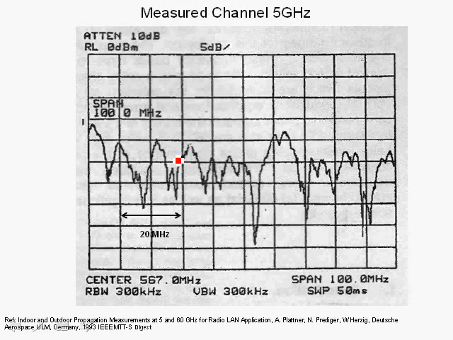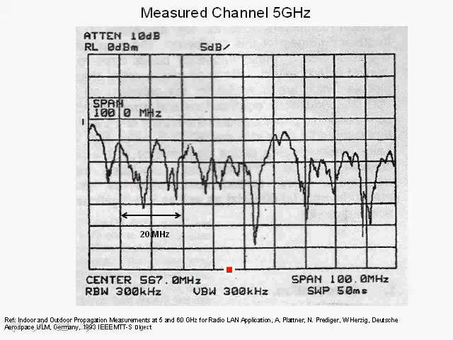This is a very interesting plot based on actual measured data within an indoor wireless environment, and the reference was actually published in 1993, Indoor and Outdoor Propagation Measurements at 5 and 60 gigahertz for Radio LAN Applications by Plattner and Prediger. So these are actual measurements.